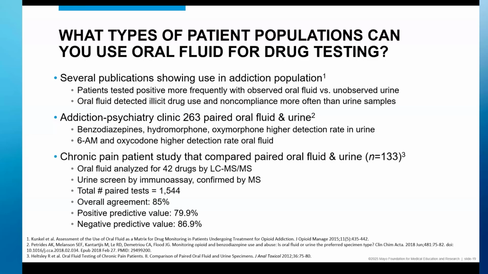So if you found it in oral fluid, you also found it, for example, in the urine sample. Overall agreement between those two matrices was around 85%. The point being that these types of additional matrices can be great things to add into rotations for either addiction medicine or chronic pain patients when you're doing controlled substance monitoring.